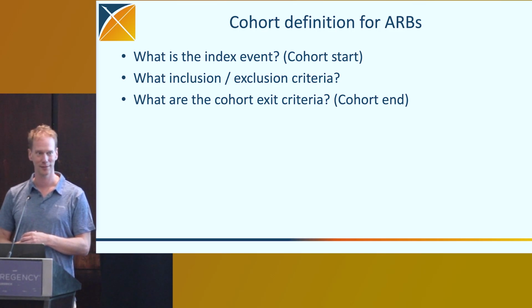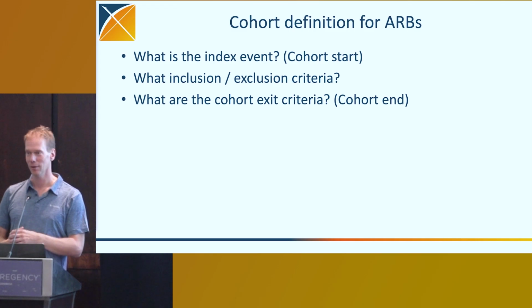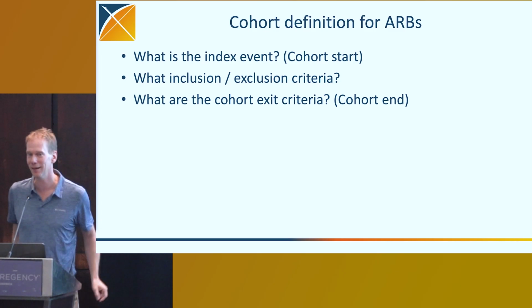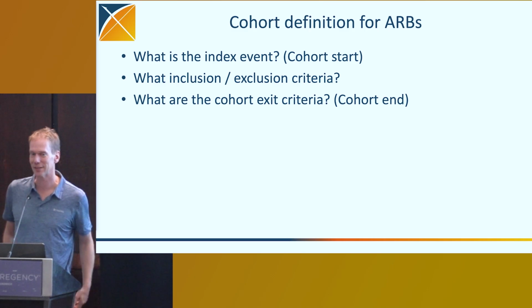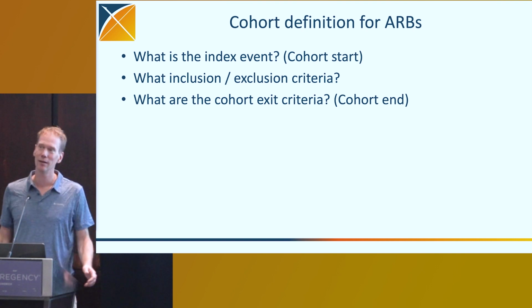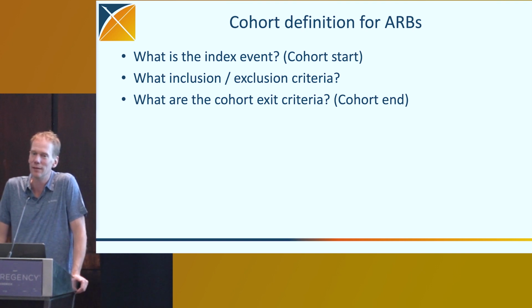Any thoughts? Well, it doesn't matter what you choose, but it better be consistent. Go ahead. Allergies, because allergies is a pretty common reason to get one versus the other. So if someone's allergic to the ACE, they're never going to get the ACE.